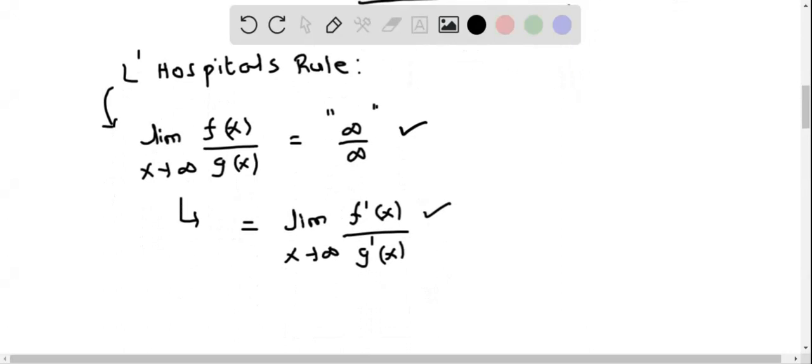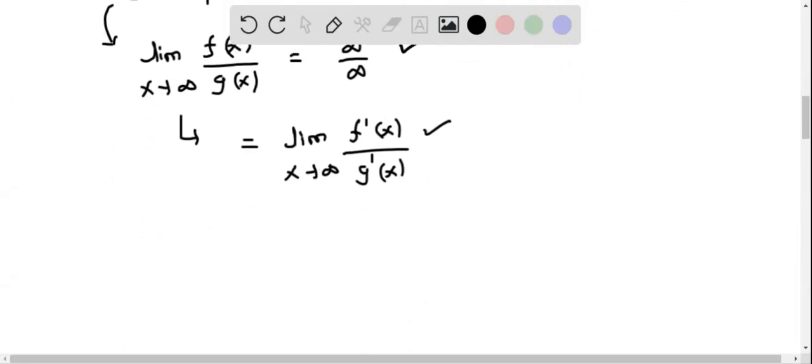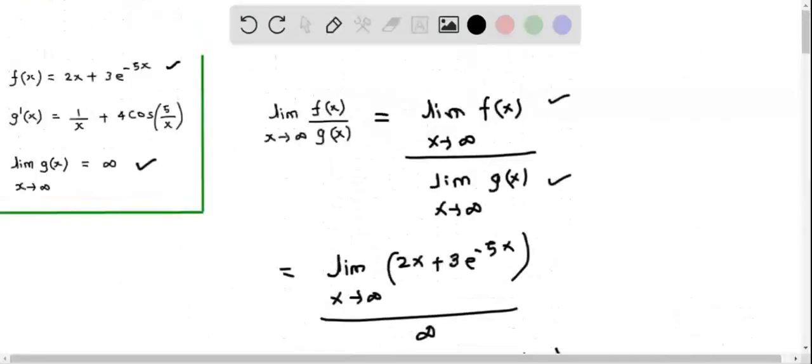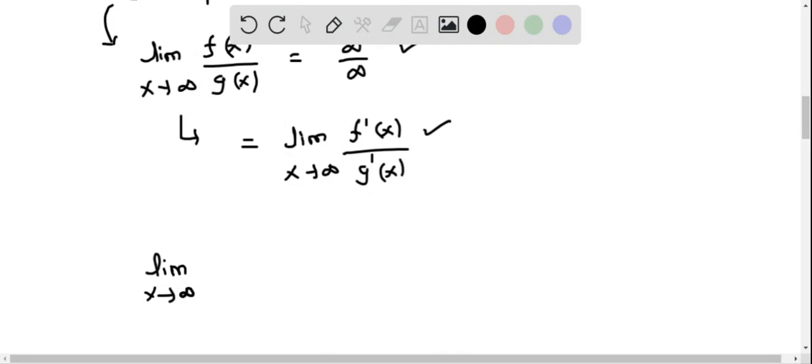So let me rewrite our limit. We have a limit as x approaches infinity. Let me replace f of x. F of x is 2x plus 3 e power negative 5x. When we apply this rule, we have to find the derivative of f of x. So I'm going to put this in derivative notation. The small tick marks indicate that it is a derivative.